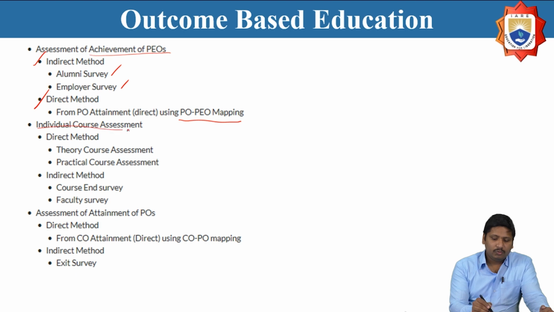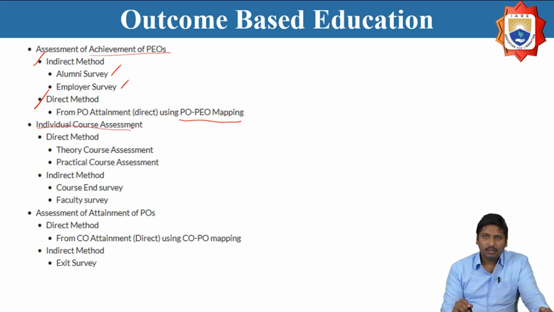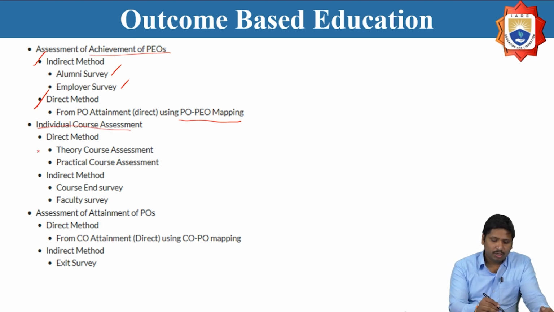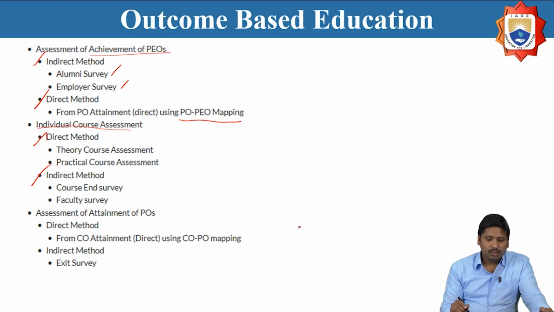And how is individual course assessment done? Again, this should be direct and indirect. If it is conducted directly, we perform theory course assessment and practical course assessment. For the indirect way, we use course end survey and faculty survey.